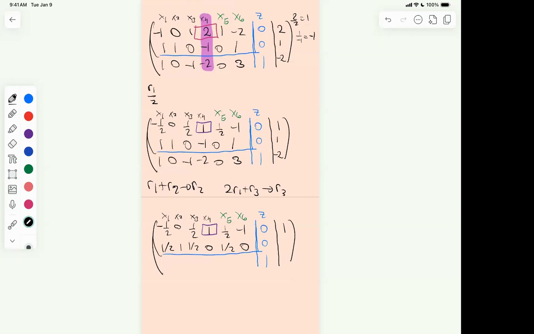And then for 2 row 1 with row 3, because it's a 2, you get 0, 0, 0, 0, 1, 1, and 0.